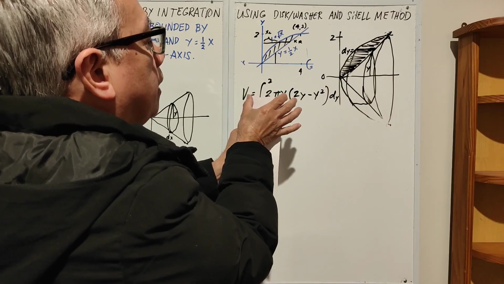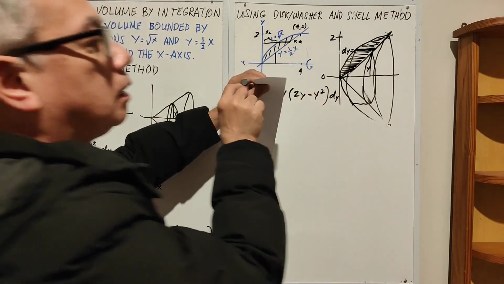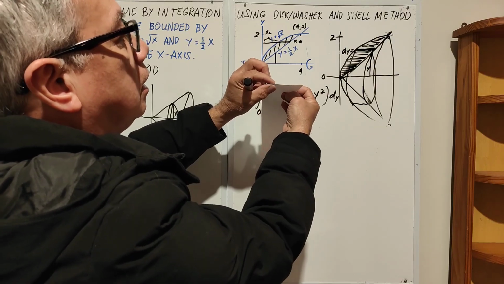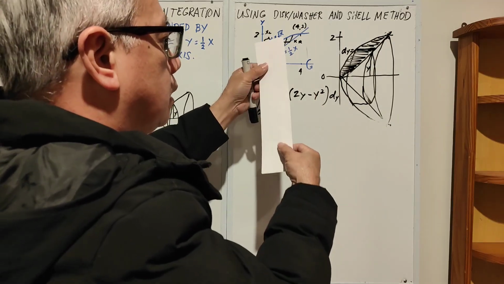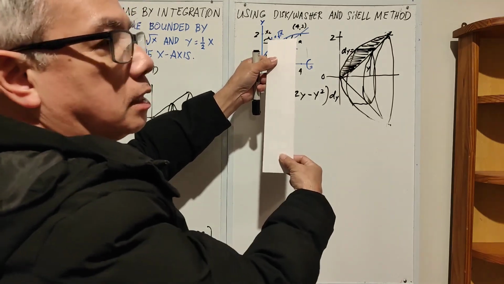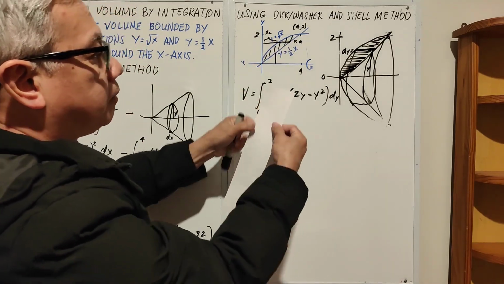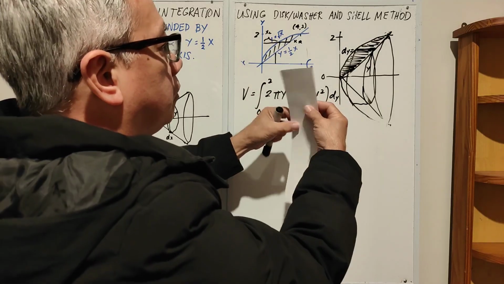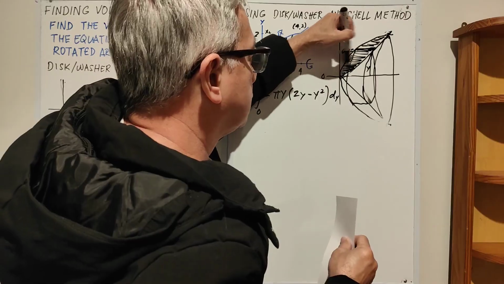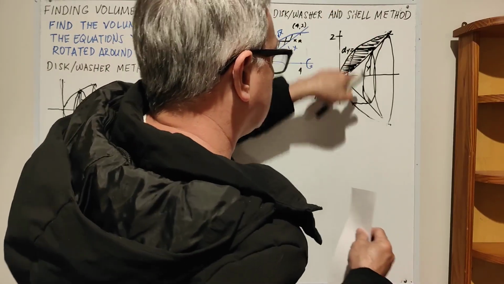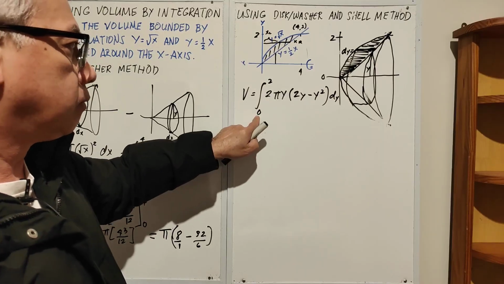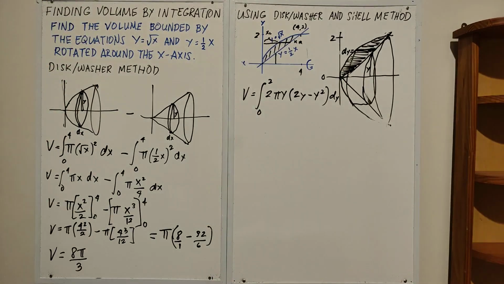And then dy is the thickness of this paper. We need to compute the volume of this sheet. Once we get the volume of this sheet, we have to get the volume of these very small sheets from 0 to 2. So we evaluate it from 0 to 2.